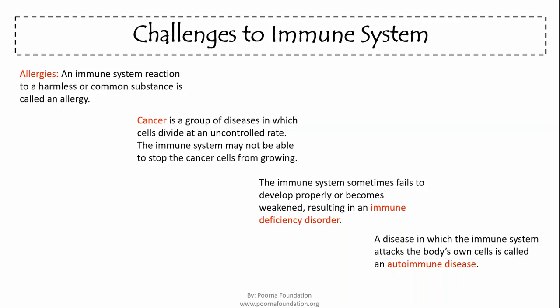Then there are diseases in which the immune system attacks the body's own cells, which is called an autoimmune disease. In these diseases, the immune system mistakes body cells for foreign antigens. For example, rheumatoid arthritis is when the immune system attacks the joints.